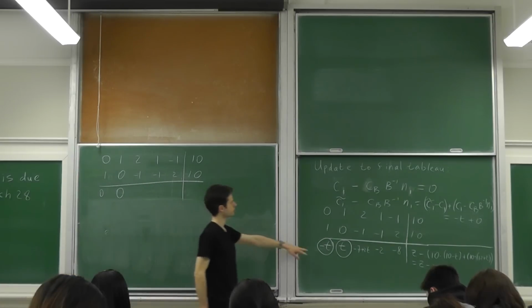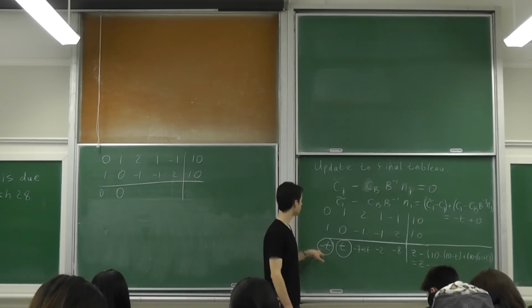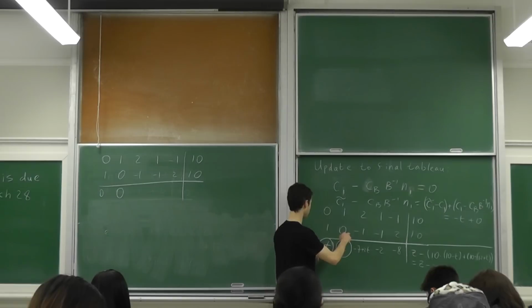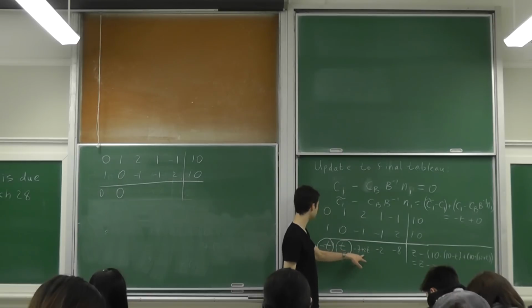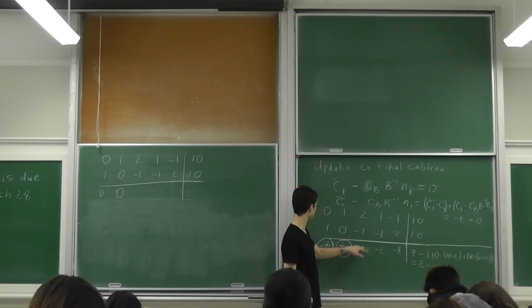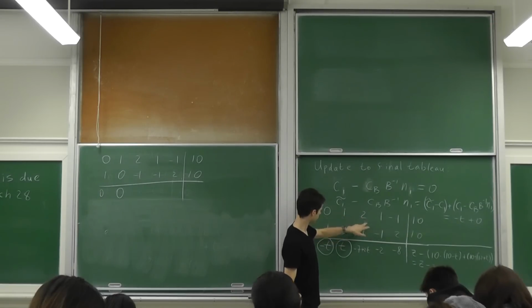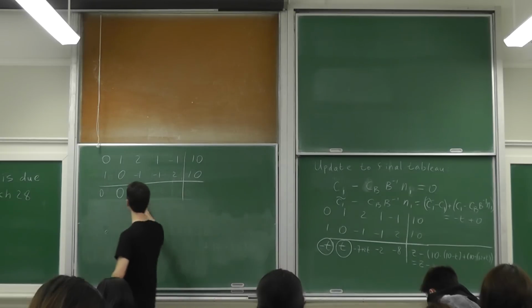Over here, used to be minus 7 plus 2t. I will add t times this row, so it will amount to subtracting t, and I will subtract t times this row, so subtract 2 times t, so it will be minus 7 minus t.